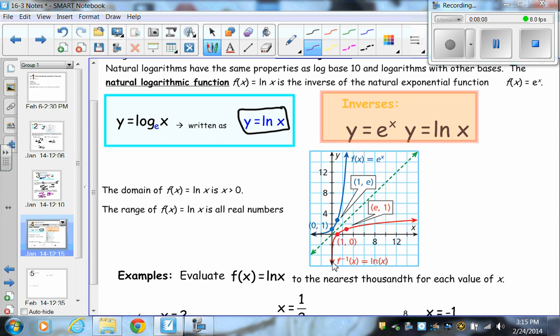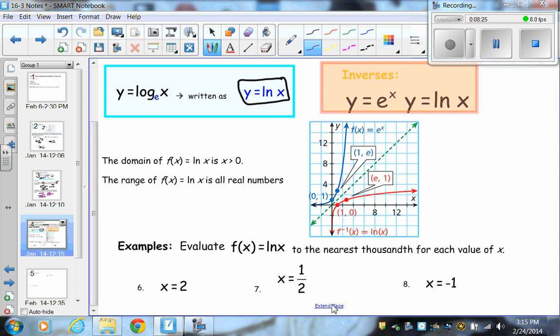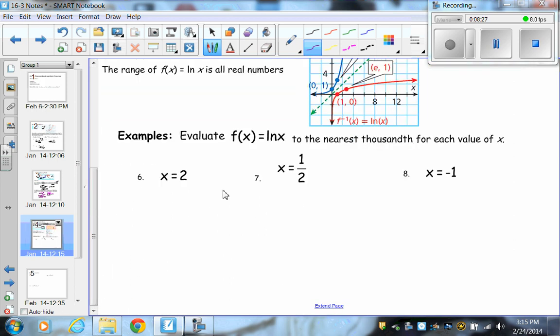We cannot go below 0 here. So now the domain is x is greater than 0, but our y values are all real numbers. So it's kind of like the domain and the range switched, and it is a reflection across the line y equals x right here. So let's practice using our calculator to evaluate the natural log.